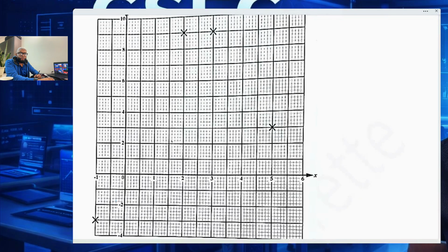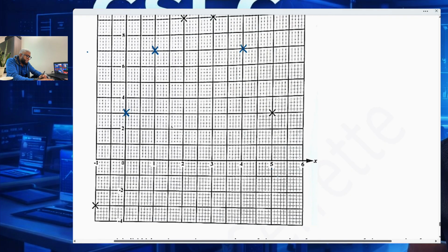What's the next one? 0, comma what? 0, comma 3, so that'll be here. Everybody good there? Which one is missing again? 1, comma what? 1, comma 7. What is next? 4, comma what? Same 7. And then the last one down here will be 6, comma -3.